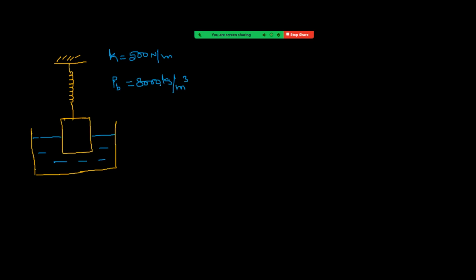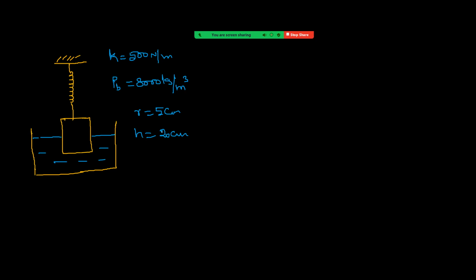Outer diameter is 10 centimeter, that means radius is 5 centimeter, and height is 20 centimeter. So first we have to find the elongation in equilibrium and next the time period of oscillations.